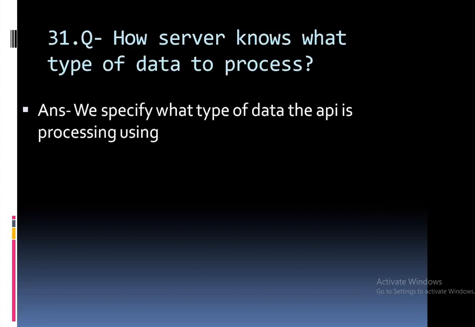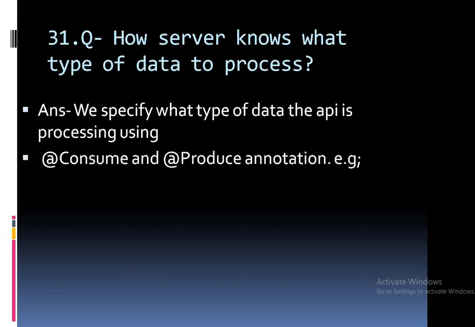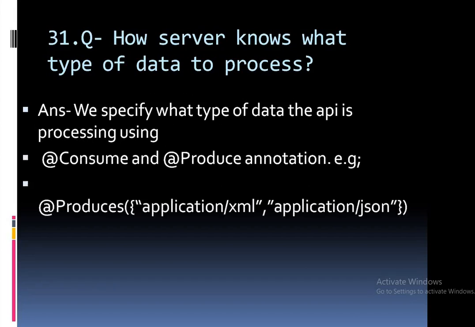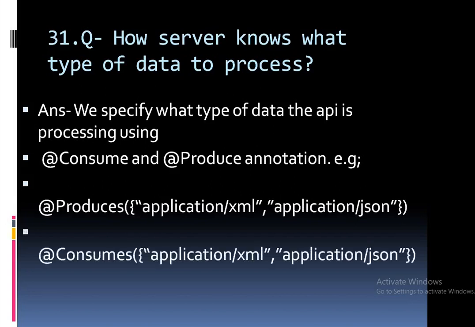How does the server know what type of data to process? We specify to the server what type of data it is going to process by using two annotations: @Consumes and @Produces. With @Produces we give parameters like application/xml or application/json.